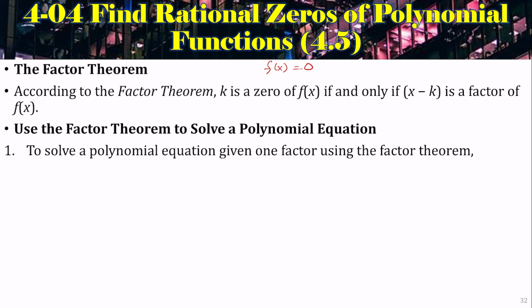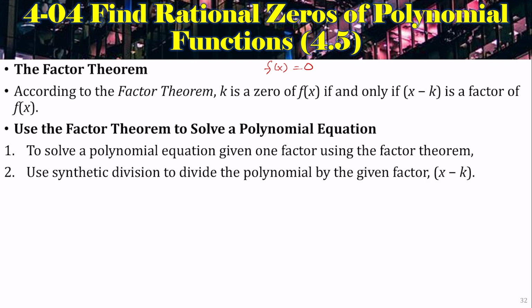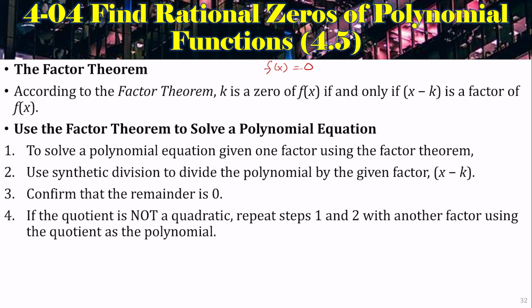All right, so use that to solve a polynomial equation. If you're given one factor, use synthetic division to divide by that factor. You confirm the remainder is 0. If the quotient is not a quadratic, you repeat steps 1 and 2 with another factor, using the quotient as the polynomial. Remember, I called these the depressed polynomial.